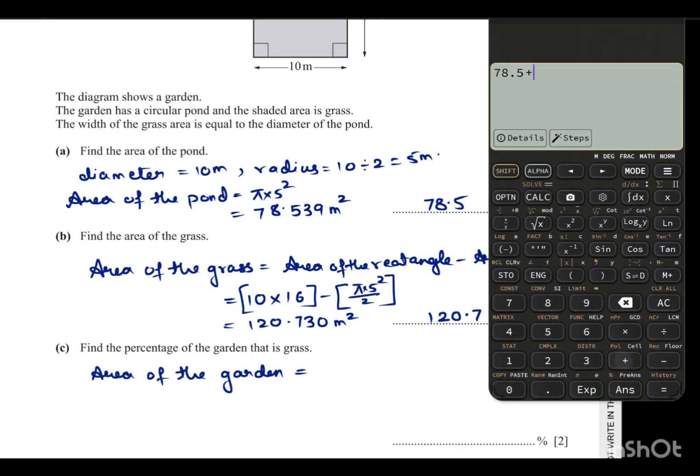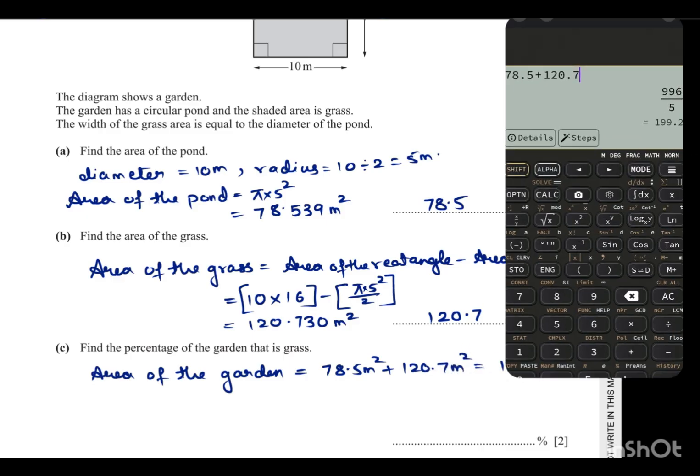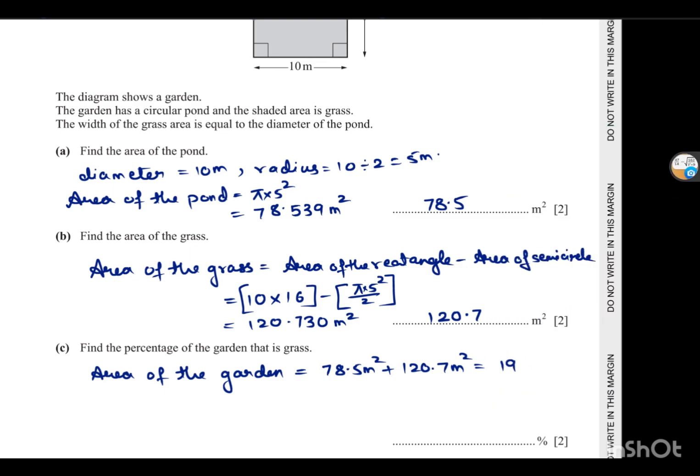78.5 plus 120.7 is 199.2. Using this, find out the percentage of the garden that is grass.